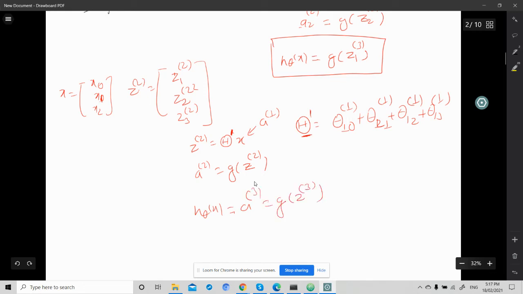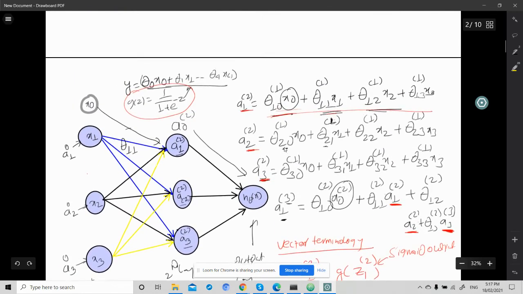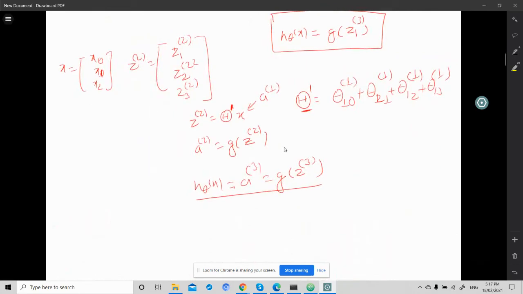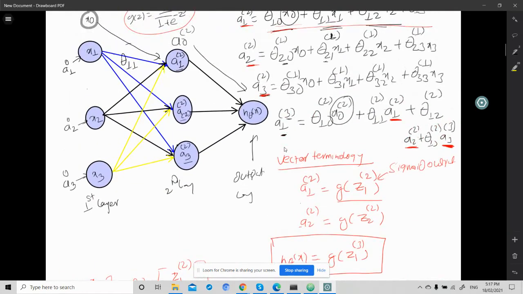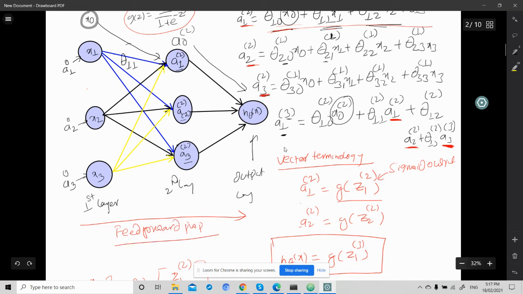So my final h theta of x is a of 3, which is my z of 3. So this process is what we call a feed-forward propagation. This is how we compute from input value to output value. So this is called the feed-forward propagation algorithm, where we compute from first layer input to output.